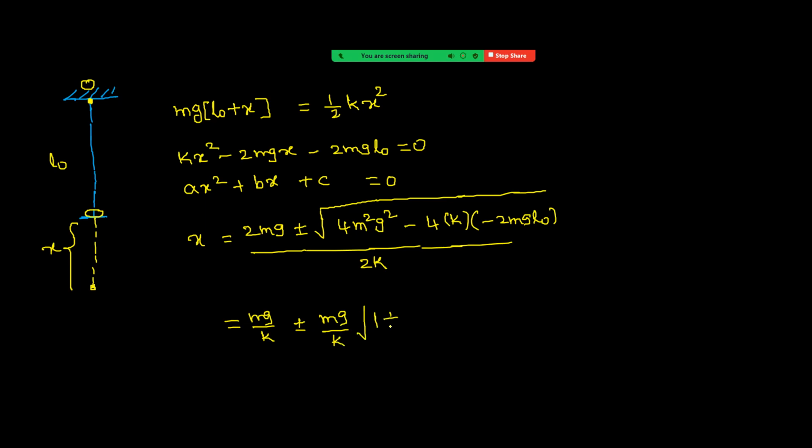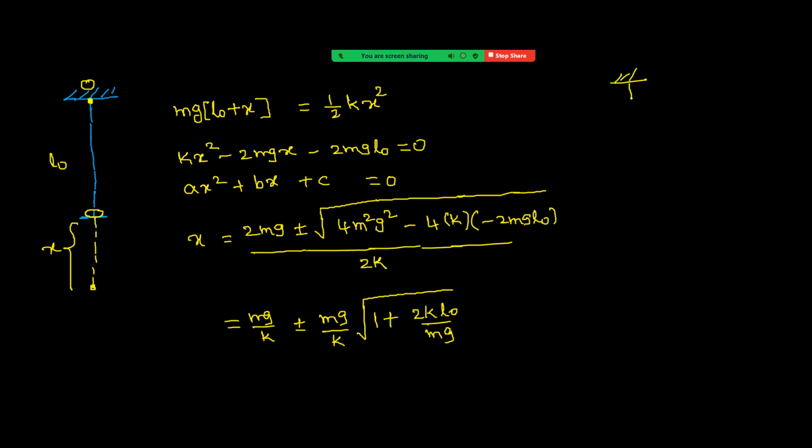Root 1 plus or minus. Already I have taken 4 outside, and remaining is 1 and 2, so this becomes 2kL naught upon mg. And you can see carefully, we have plus or minus here. When you take mg by k, this corresponds to the equilibrium position, or you can say net force equal to 0.